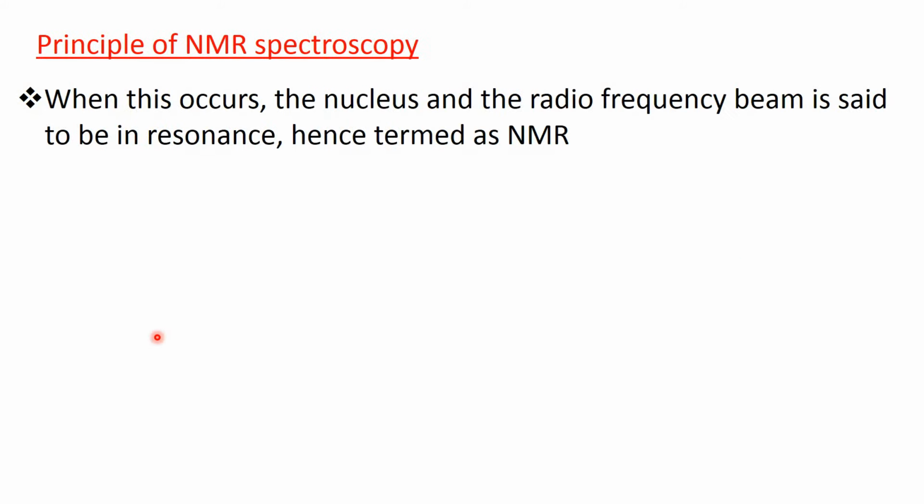So, when this occurs, what occurs? The energy of the radio waves matches the energy difference between the two states, or the frequency of the radio waves is the same as the precessional frequency of the nucleus. Then this nucleus and the radio frequency beam are said to be in resonance. Hence, it is termed nuclear magnetic resonance or NMR.